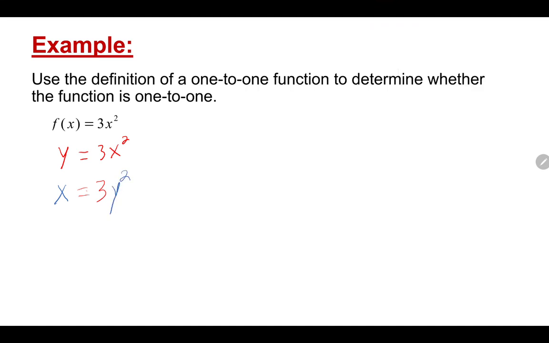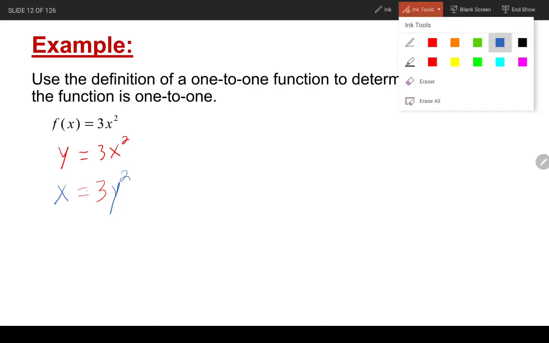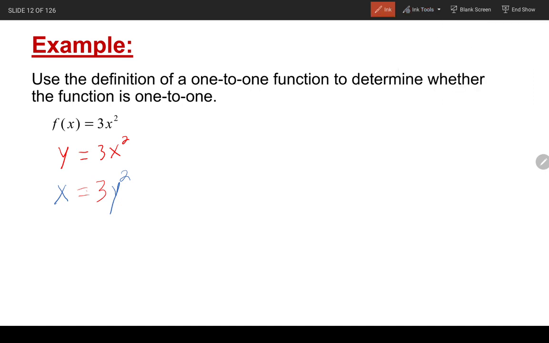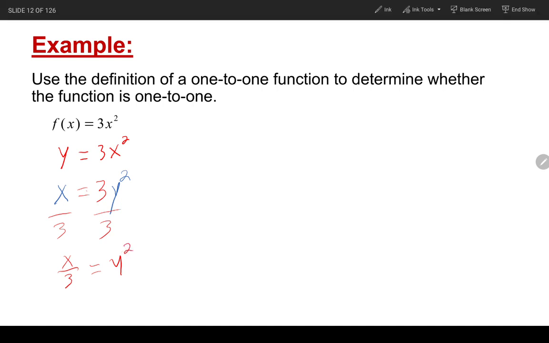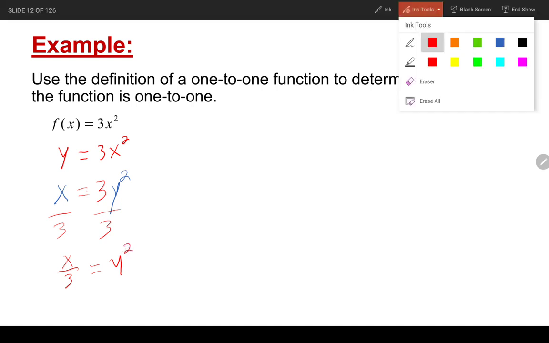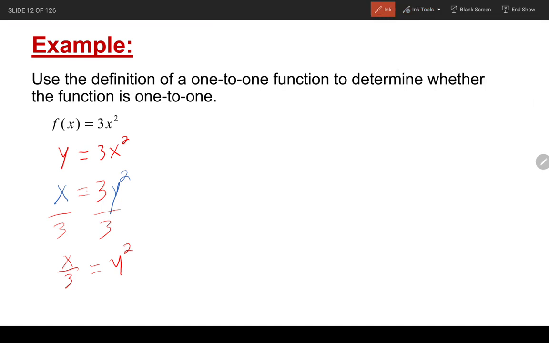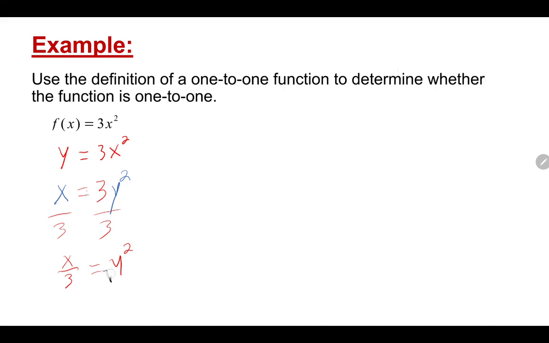So now I'm solving for y. So I'm going to divide by 3. Divide this side by 3. I now have x over 3 is equal to y squared. The way to undo that squaring is to square root both sides.